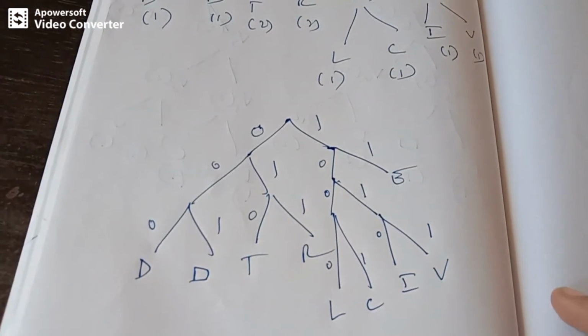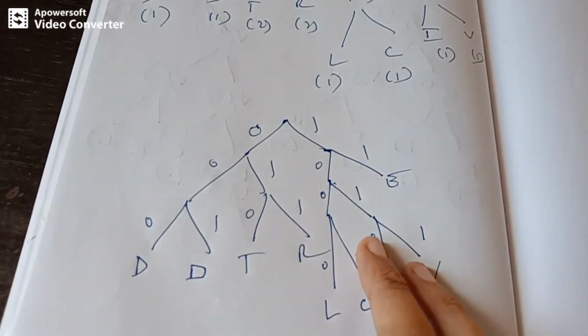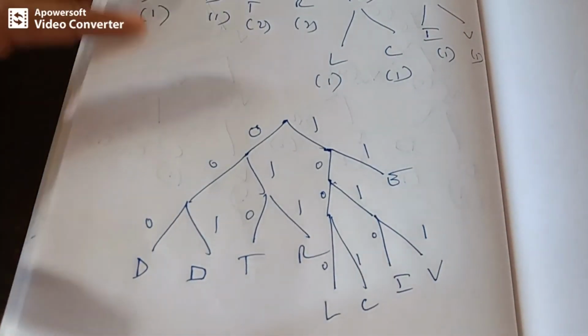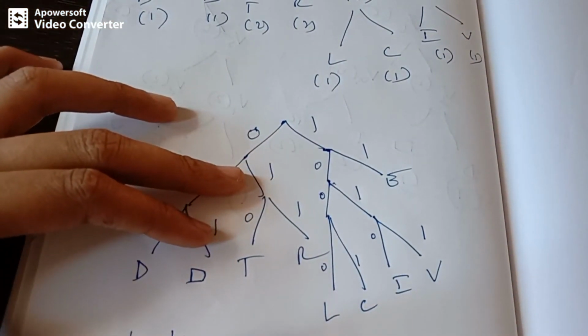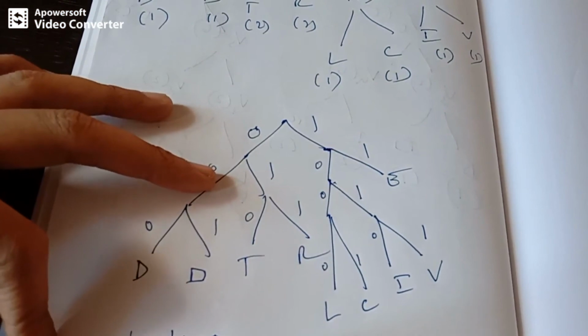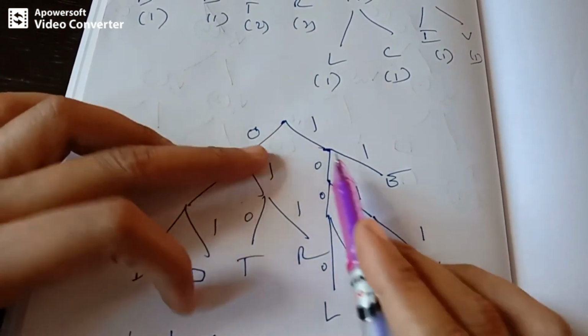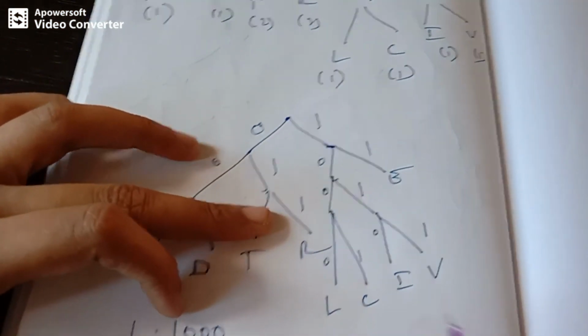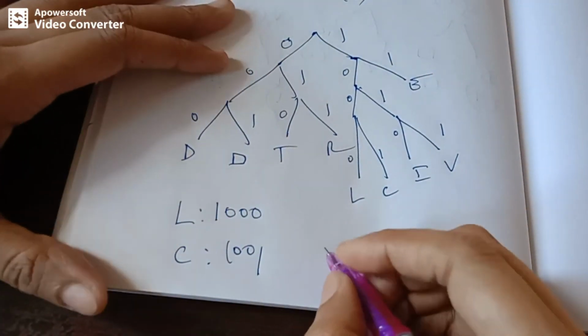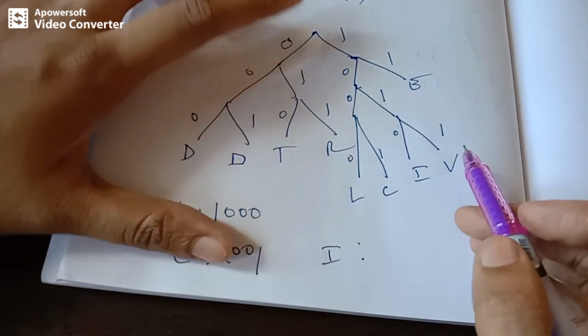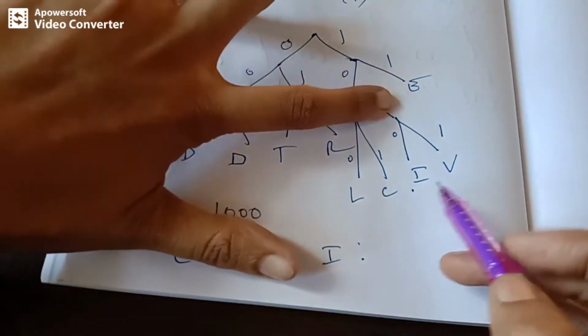Next, you are going to find out the codes for all these alphabets. So what is the prefix code for L? Prefix code for L is 1000. Prefix code for C is 1001. Okay, prefix code for I is 1010.